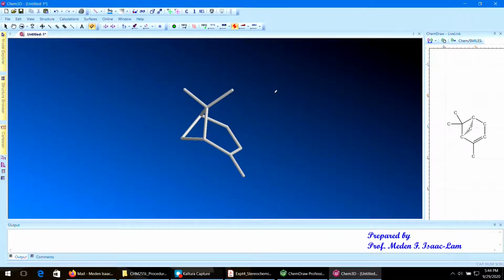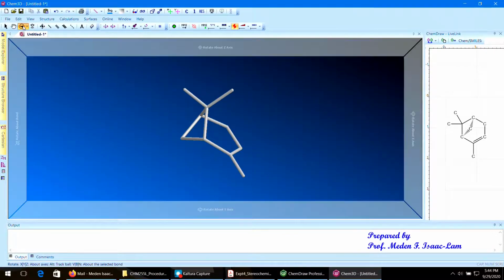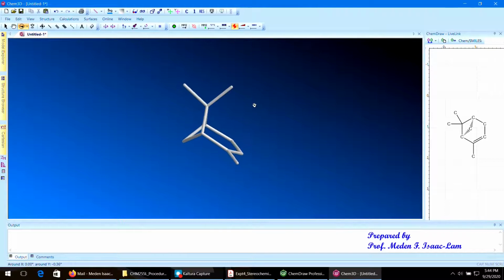Now only the carbons without the H's. And we can now rotate the molecule so we can view it sideways.